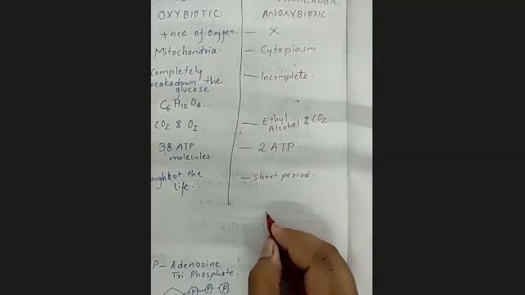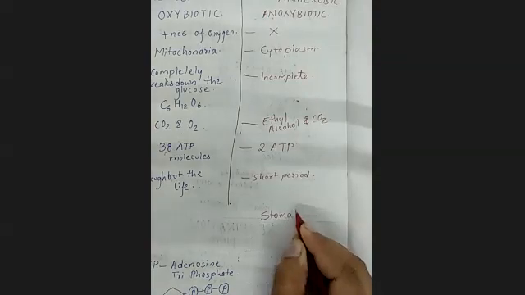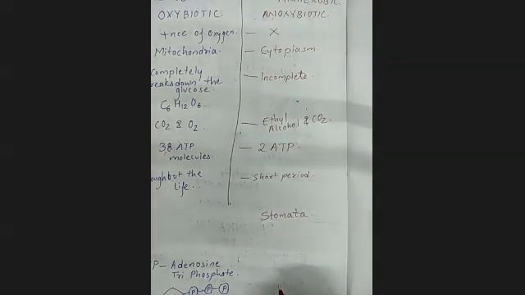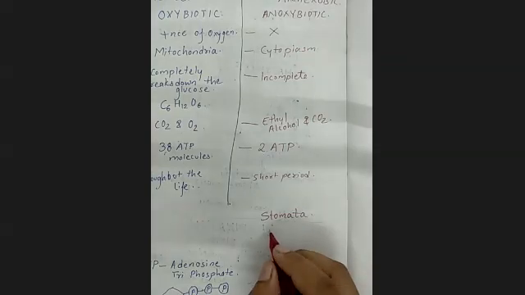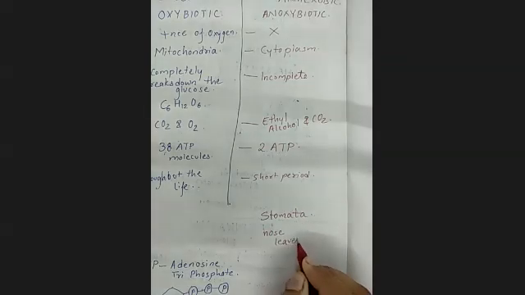I think you must have heard the word stomata. Yes, miss. Okay, fine. Stomata are nothing but the nose of plants, and they are present in leaves. They are the holes from where the exchange of gases can take place.